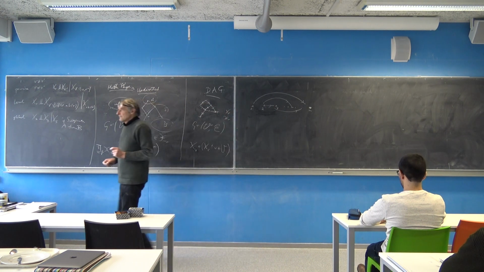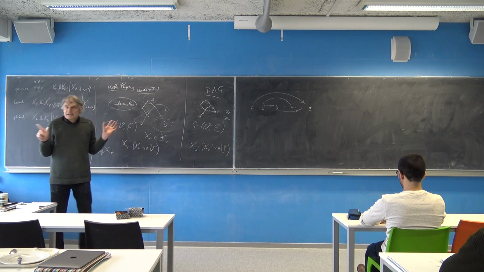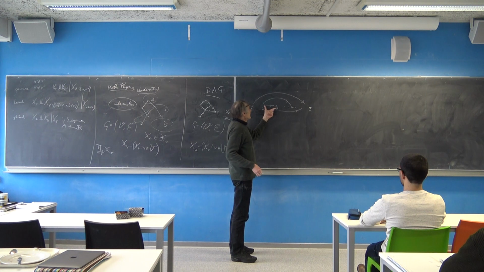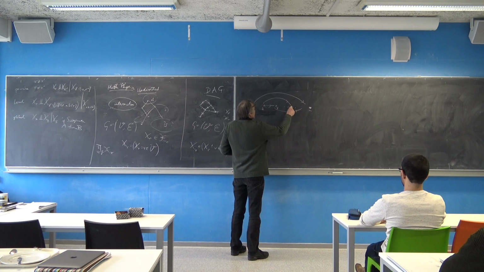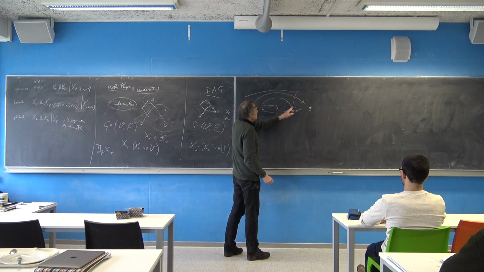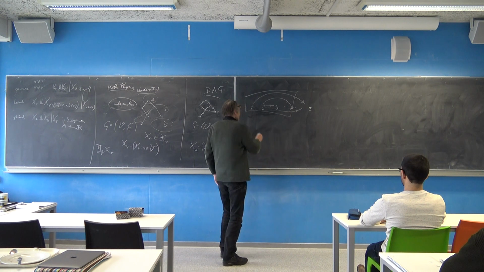Now, from what you guys now already know about conditional independence, this means that this variable, given its parents, if I only look at the variables from here to here, here's variable v, then this variable is independent of the others given the parents of this variable. So I could write that like this.